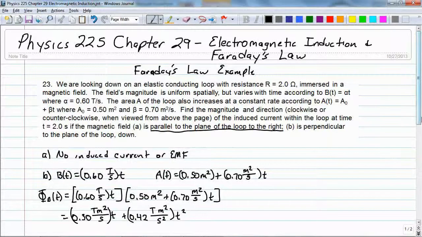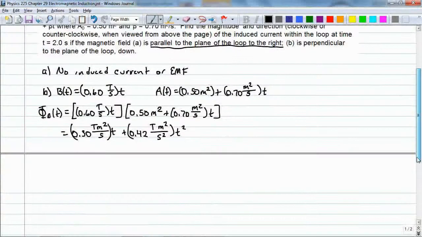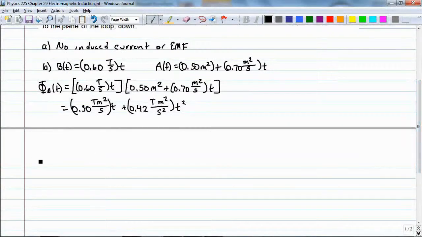And now my induced potential is going to be equal to the derivative of phi, function of t.